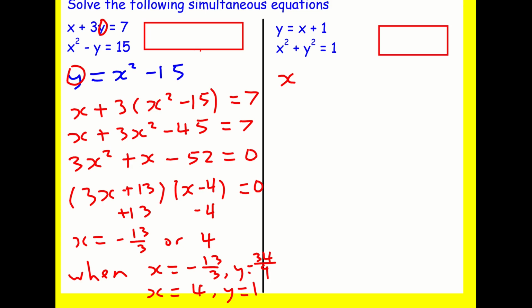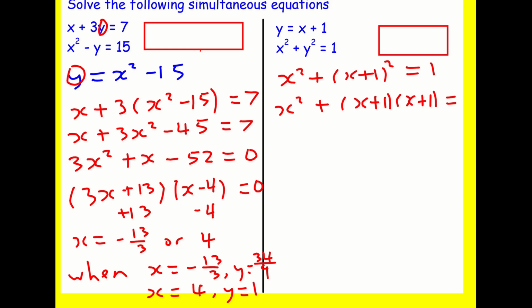So x squared, hold on, what did I say? Oh yeah, x squared plus x plus 1 all squared equals 1. Now just remember, this is a double bracket. So let me just slow it down and put the whole thing in. The more practice you do, you can just multiply double brackets in your head, but for now I'm taking it steady.